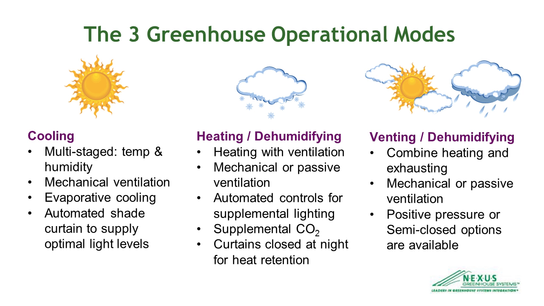The next mode of operation is heating. One of the fundamental reasons why people have greenhouses is so they can operate throughout the wintertime. Heating and dehumidifying kind of go hand in hand. Heating with ventilation is often used for dehumidification. It's the most common way of dehumidifying, and we'll go into great detail about this later on in the webinar. Then we have automated controls for supplemental lighting and CO2.